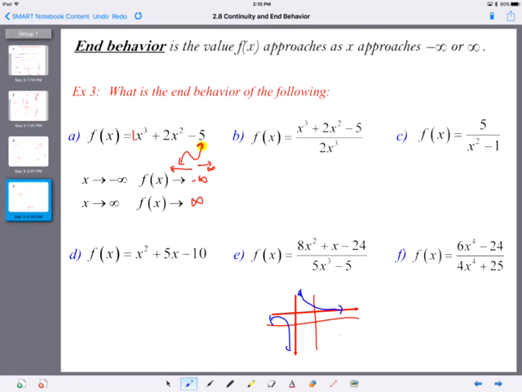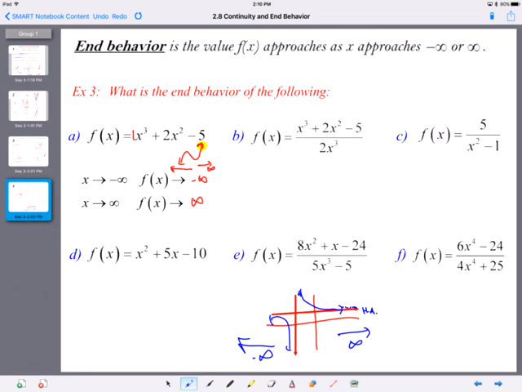So what happens when x goes to infinity? Where is your y value approaching? And as x goes to negative infinity, where is your y value going? And hopefully, what you recognize is that these values are getting closer and closer to the horizontal asymptote.